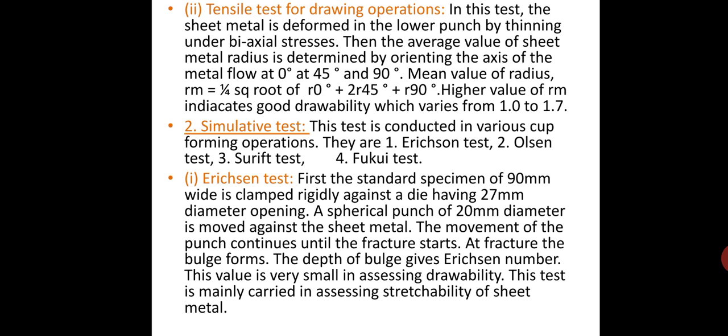At fracture, the bulge forms. The depth of the bulge gives the Erichsen number. This value is of little use in assessing drawability. The test is mainly carried out in assessing stretchability of the sheet metal.